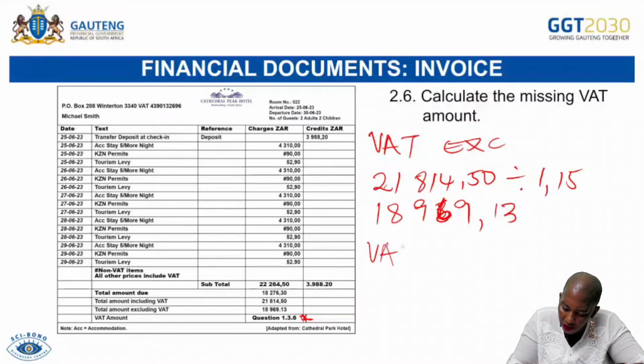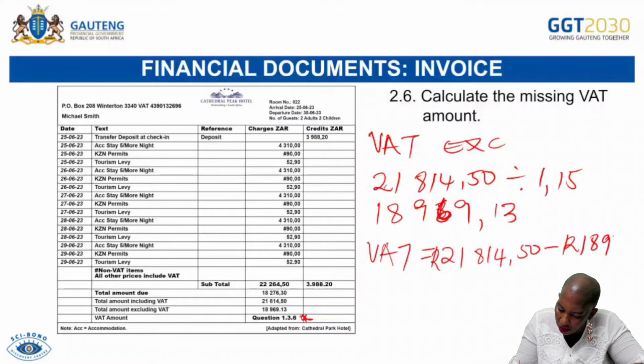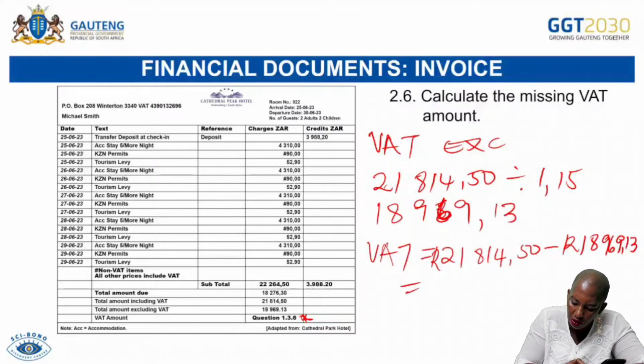So we say the VAT amount will be 21,814.50 subtract 18,969 rand 13. Then subtract 21,814 rand 50.